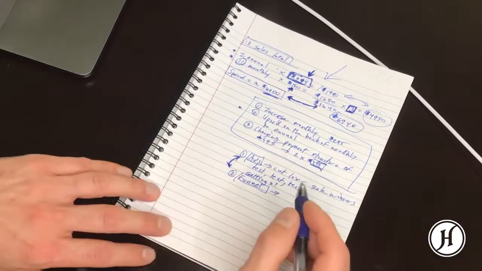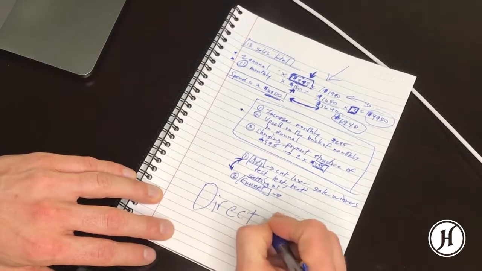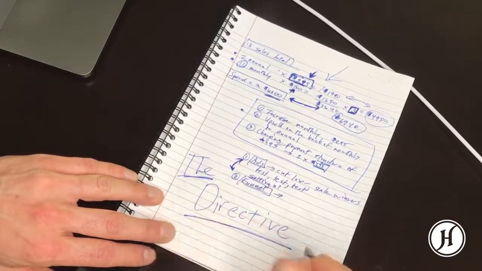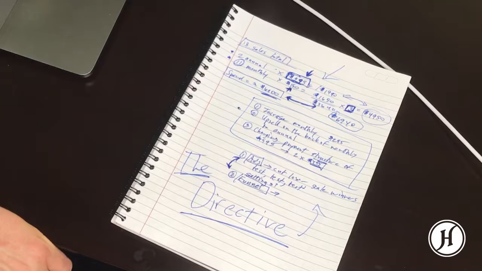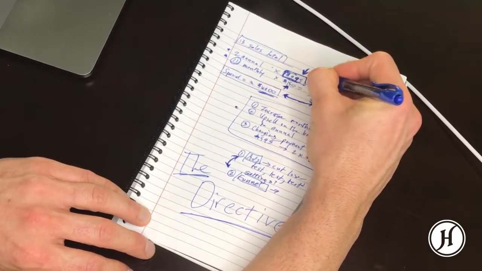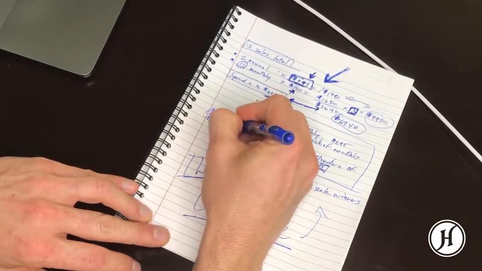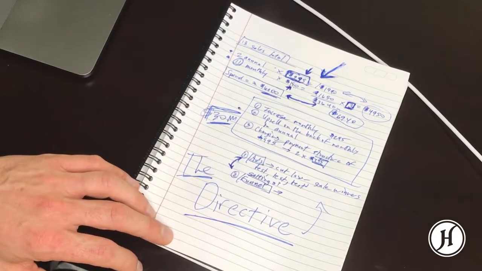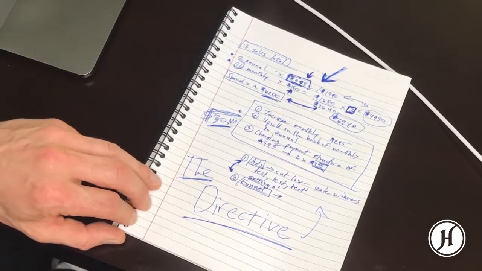Now, what we've done is we've put together a program. I call it The Directive. And what we do in The Directive is we answer these questions for you. See, what we do is we analyze this data with you, and based on our experience, having spent over $30 million now on digital ads since 2007, since 2013 in Facebook alone.